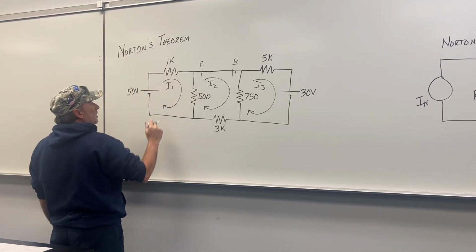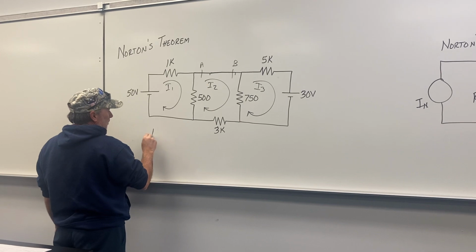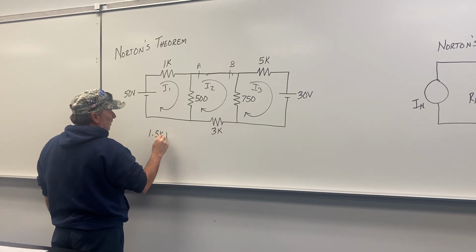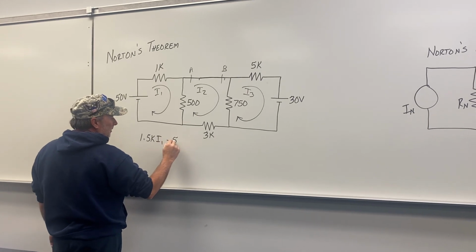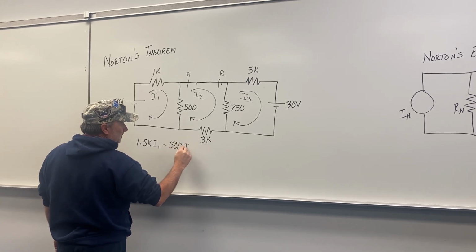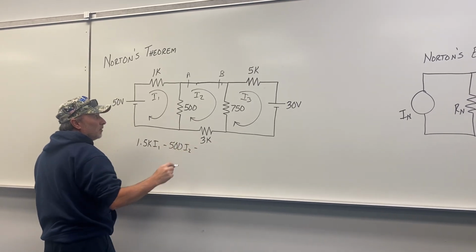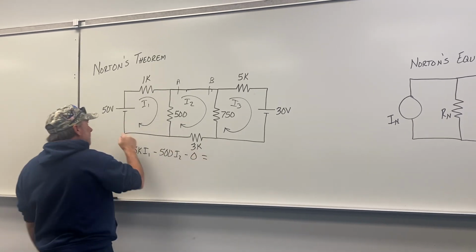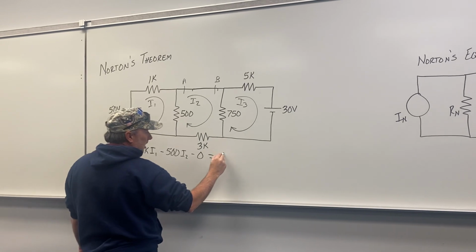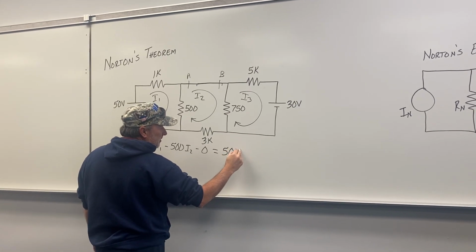For the first one, everything touching I1, 1.5K I1, minus what's touching I1 and I2, 500 ohms I2, minus what's touching I1 and I3, which is 0, equals, I had a negative 50, take it to the other side, it becomes a positive 50.